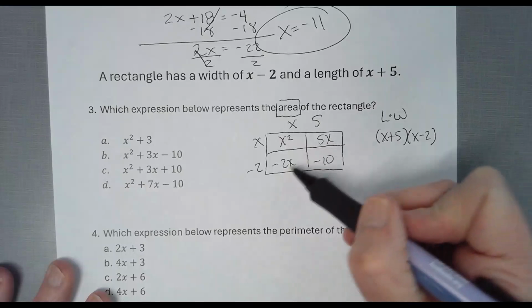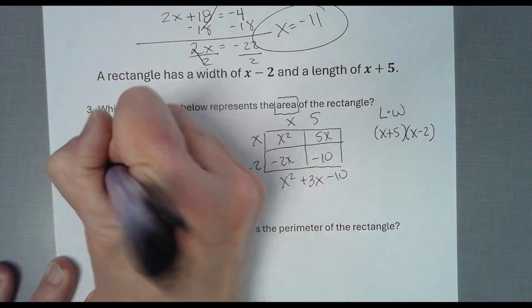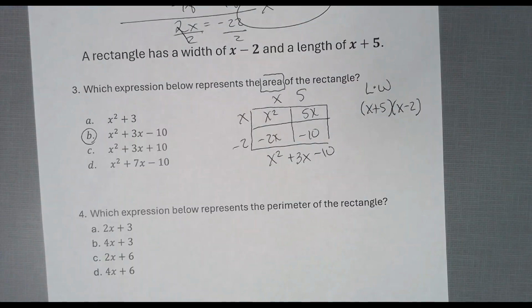And then I combine the middle, and when I combine the middle, I get a positive 3X. The answer was B. How we do? Did anybody get it?